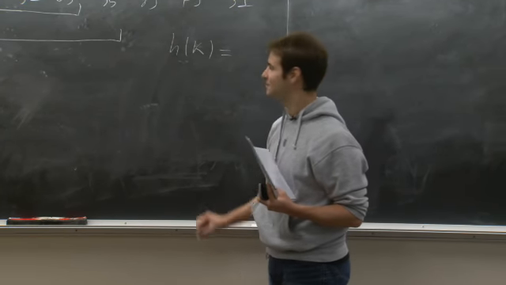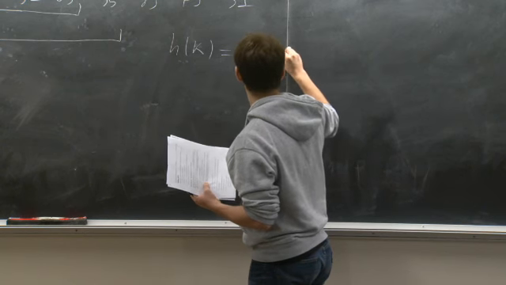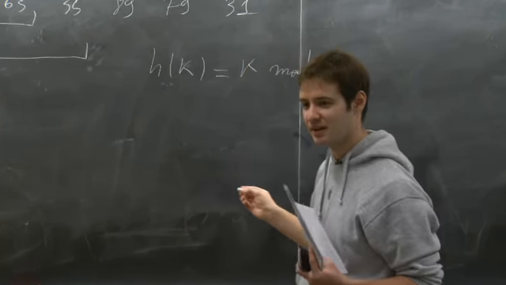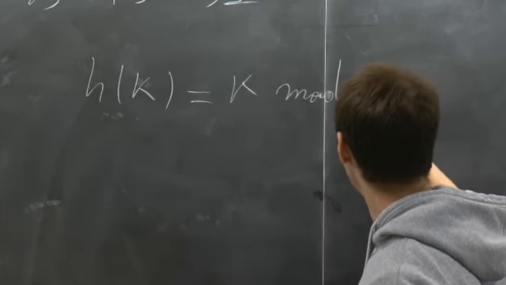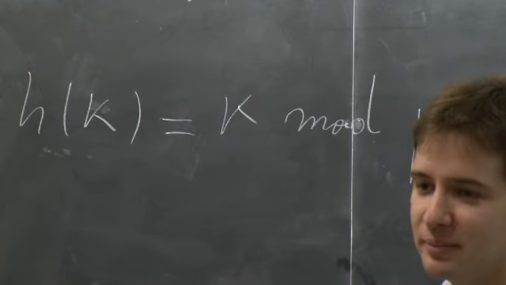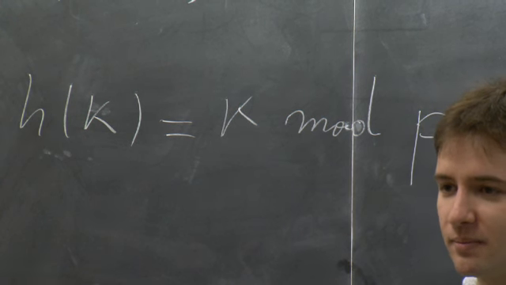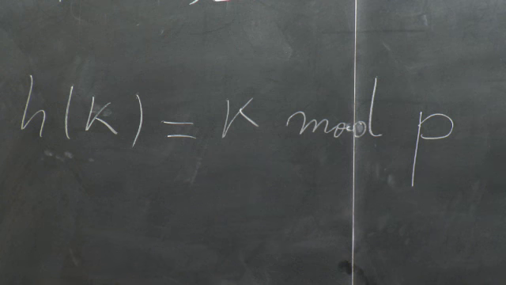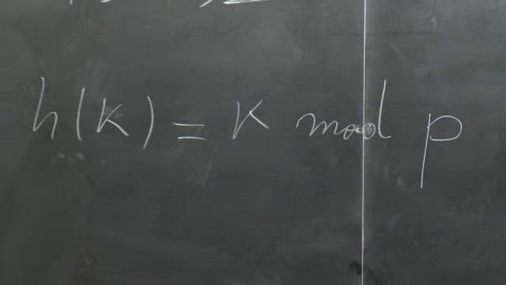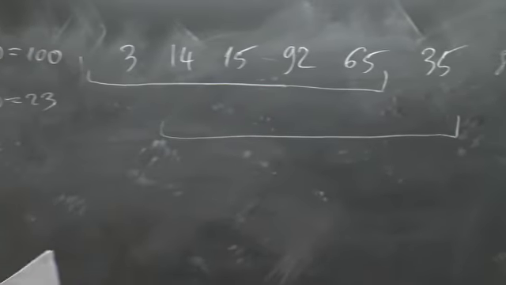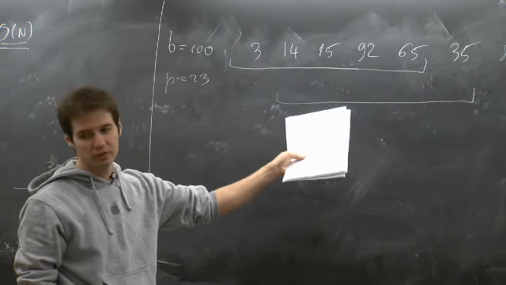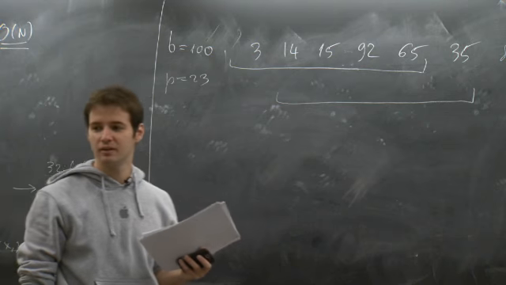Something like that. I'm going to say K mod something, and I'm going to say that that something has to be a prime number, and we'll see why in a bit. Let's say our prime number is 23. So let's compute the value of the hash for the first sliding window, and then we'll compute the hash for the second sliding window.